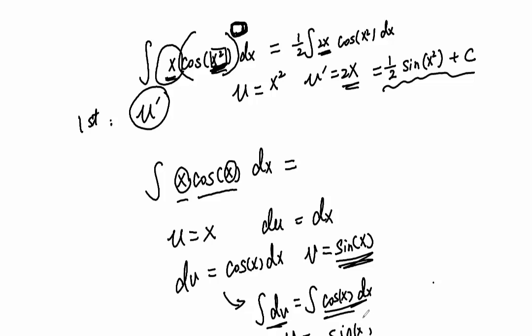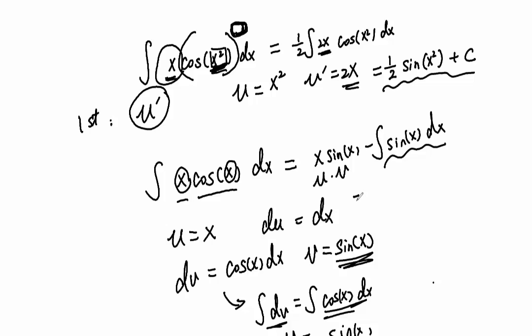Now we apply our formula. Our formula is x times sine x, that's u times v, subtract the integral of v, which is sine x, times du, and our du is dx. Of course, we are able to do the integration of sine x.